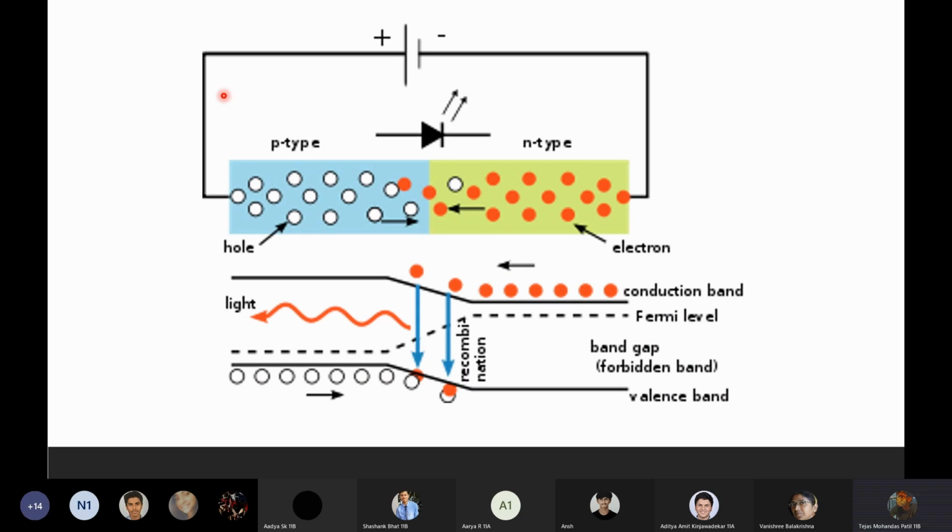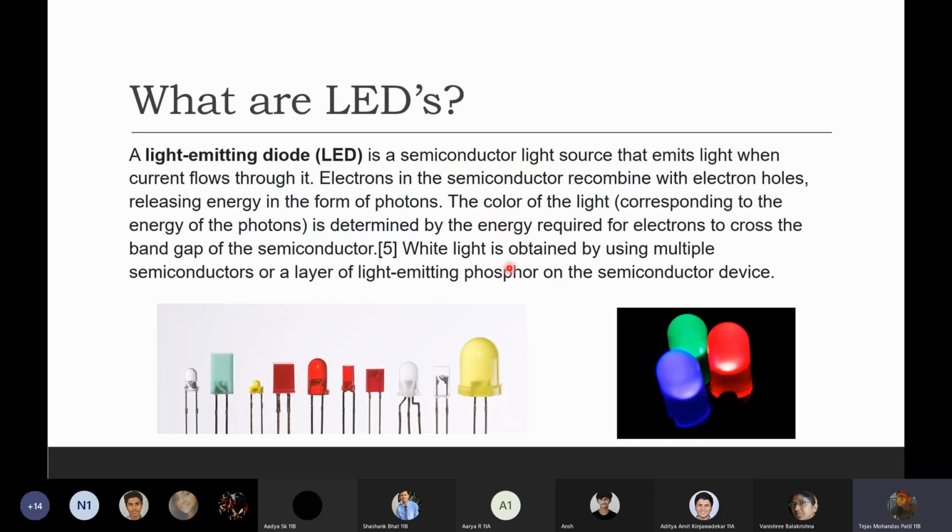There's a P-type semiconductor and an N-type semiconductor, and how LEDs work is that when the holes and electrons recombine in the band gap, they release energy either in the form of photons, as radiation, or as heat. In LEDs, the energy is released in the form of photons.